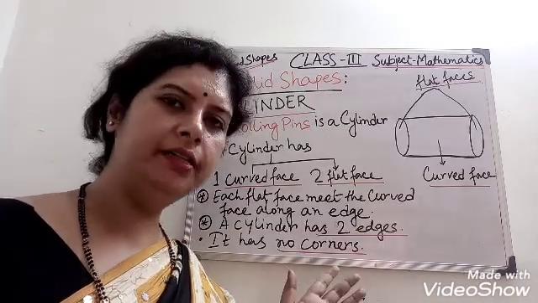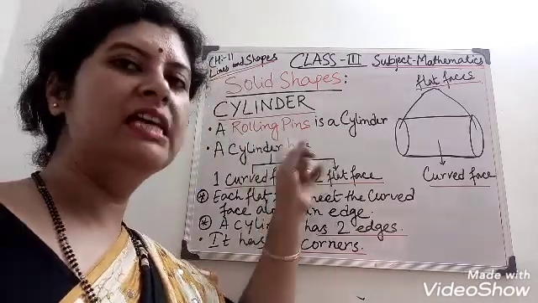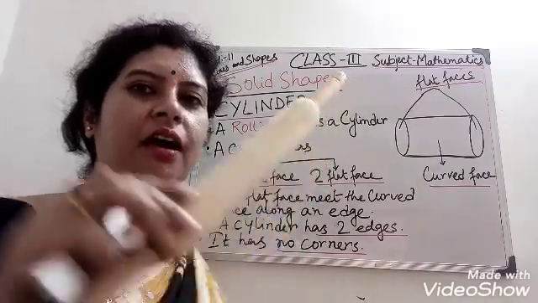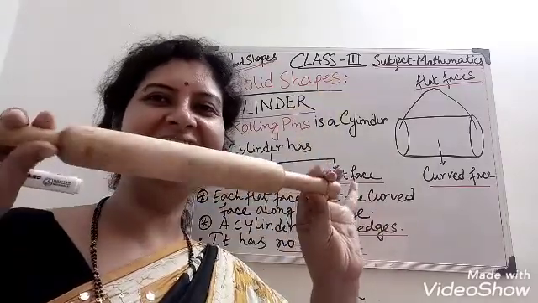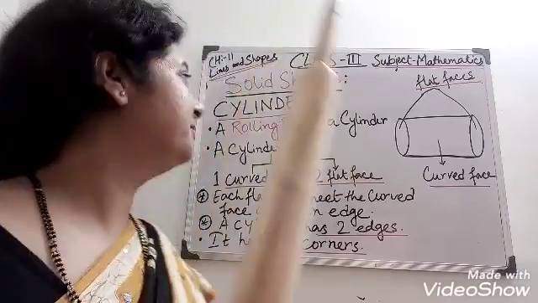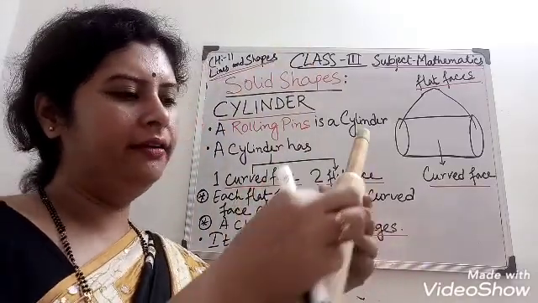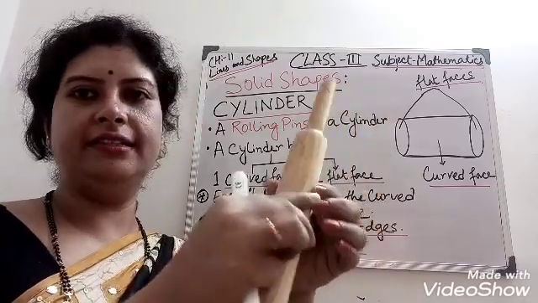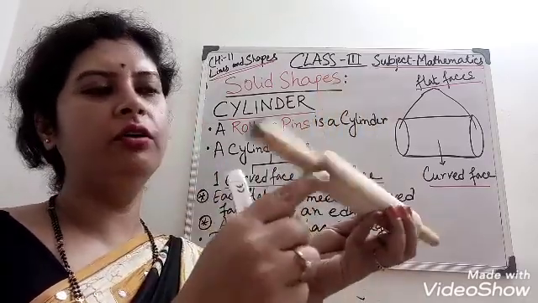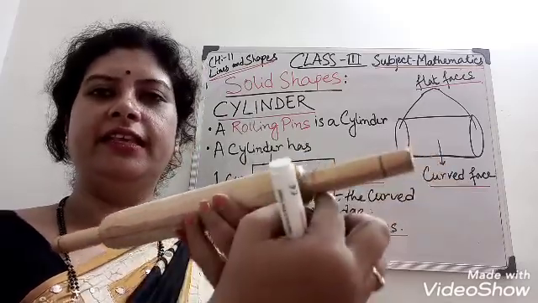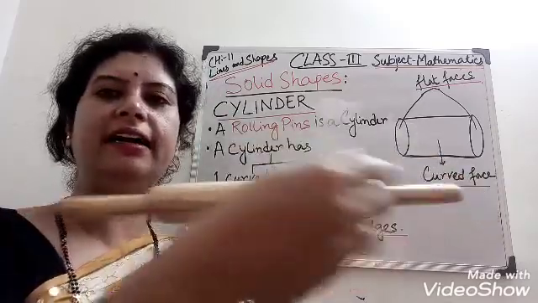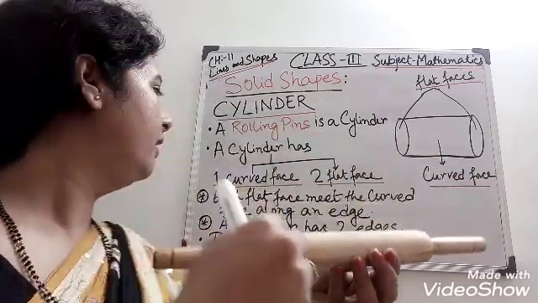Now our third solid shape is cylinder. A rolling pin is a cylinder. A cylinder has 1 curved face and 2 flat faces where these 2 handles are attached. Okay.